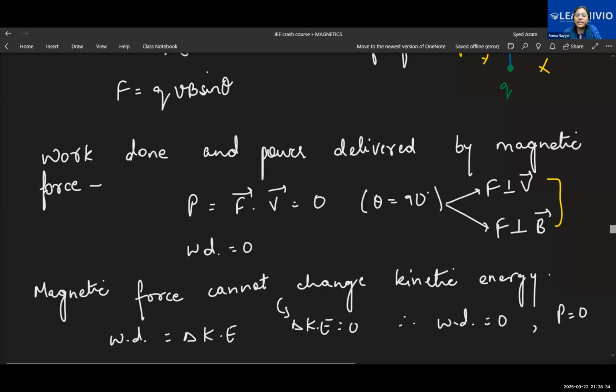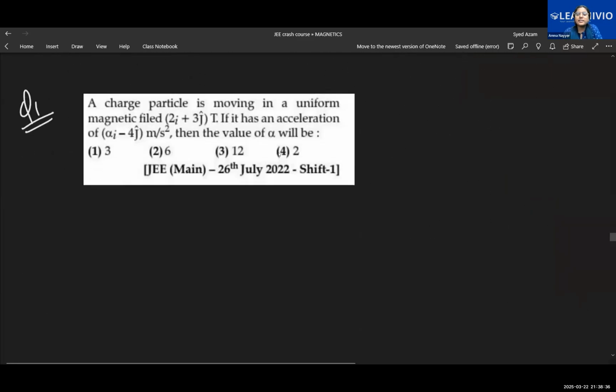Now let us see a question. This came in 2022. It says that a charged particle is moving in a uniform magnetic field. We discussed the case of the magnetic field. What is given? The magnetic field is given as 2i cap plus 3j cap.